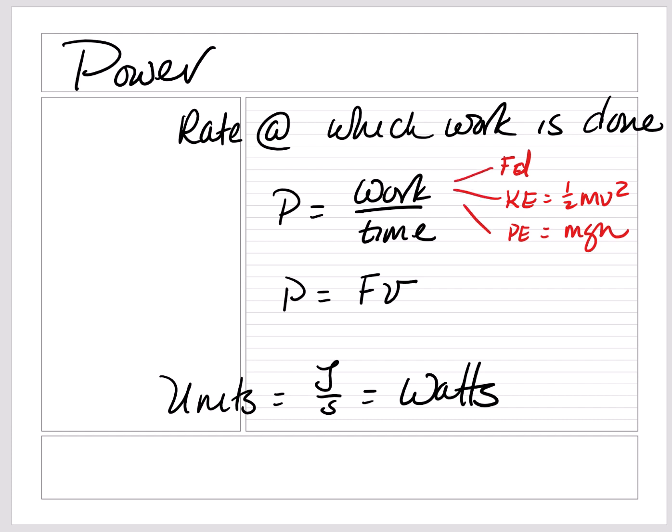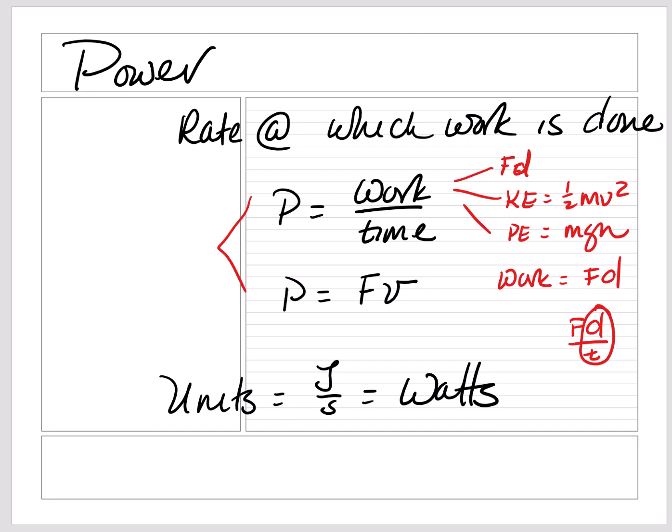Over time, it could also be written as force times velocity. Why is that? We know that work is equal to force times distance, and we know that it is divided by a time, and distance over time is the velocity. So these are the two formulas for power.